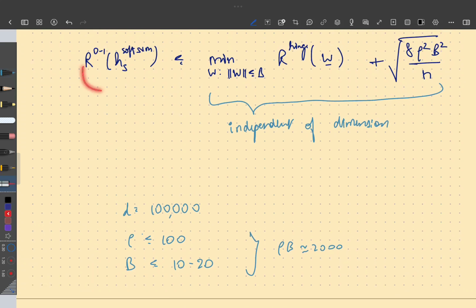So the bound on the generalization error depends only on rho times B, which is much smaller than the dimensionality. And that's where the advantage comes from. This is not just rho and B, but rho squared and B squared, if we are using, say, one-hot representations.